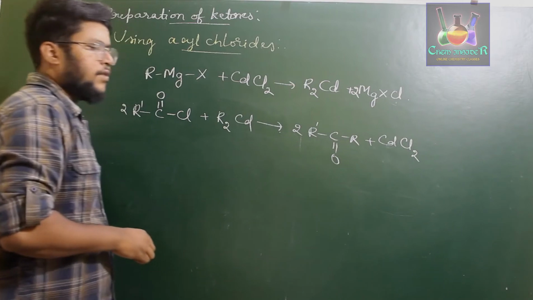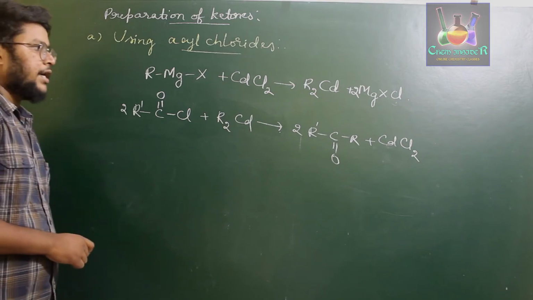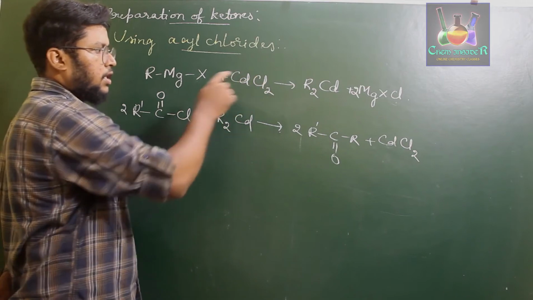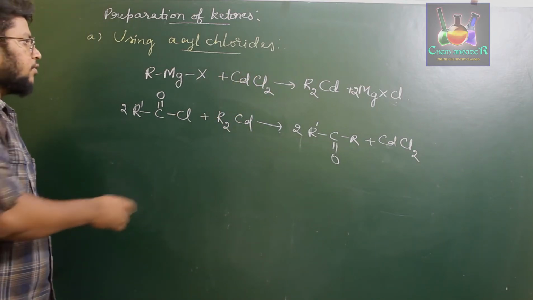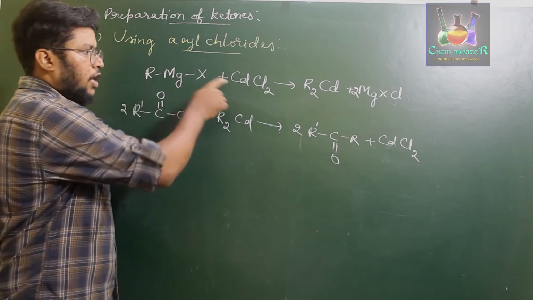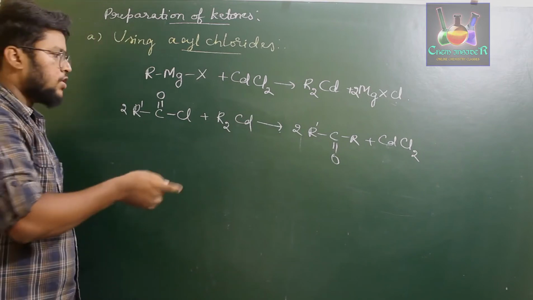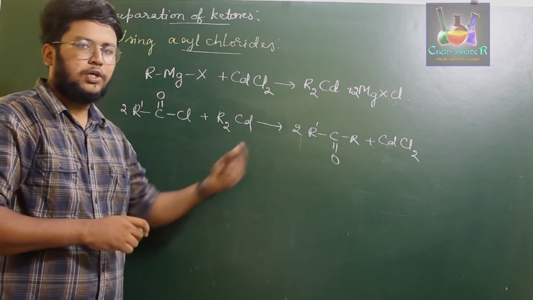So this is the first preparation method for the ketone using acyl chloride. The dialkyl cadmium has to be prepared at a particular instant as it is hard to store for a longer duration. Therefore, when Grignard reagent is treated with cadmium chloride, they yield us dialkyl cadmium, which on treating with acyl chloride will yield our desired keto group.